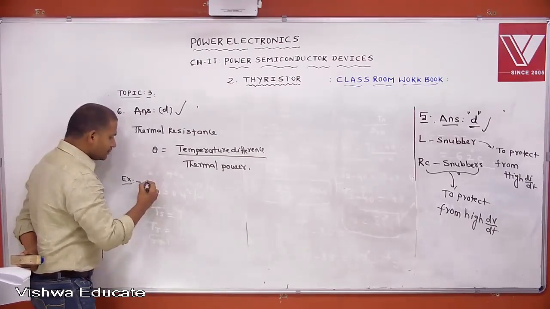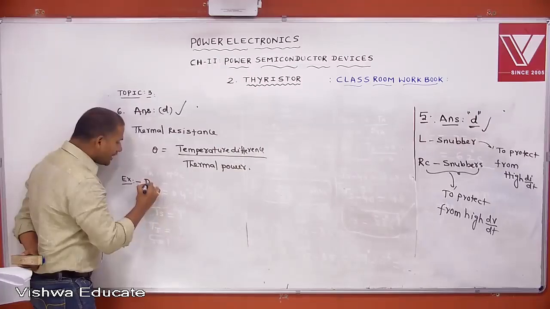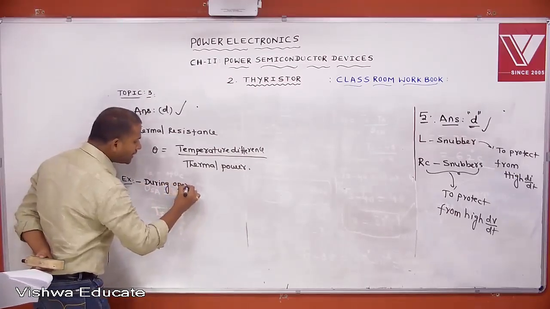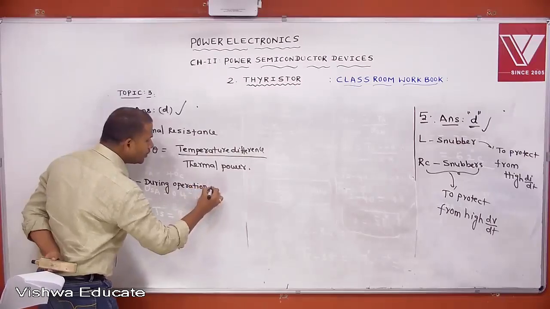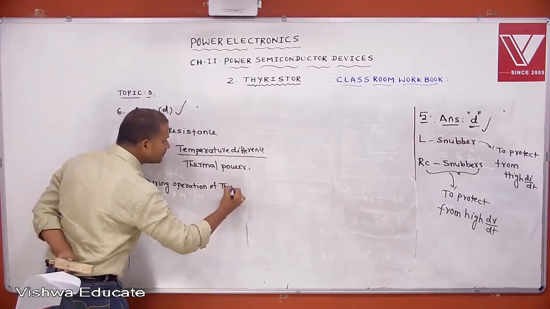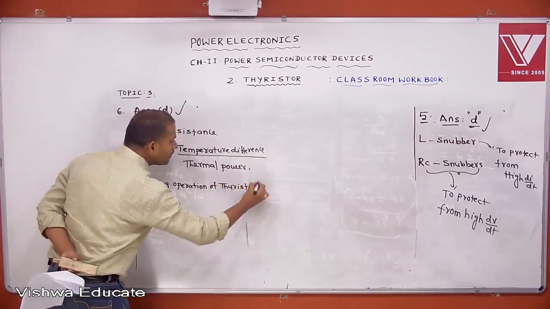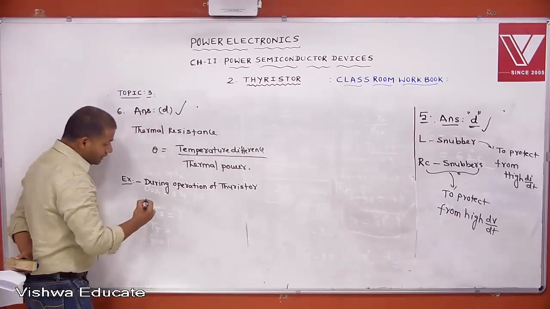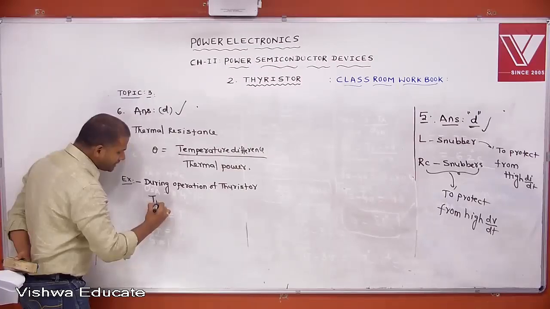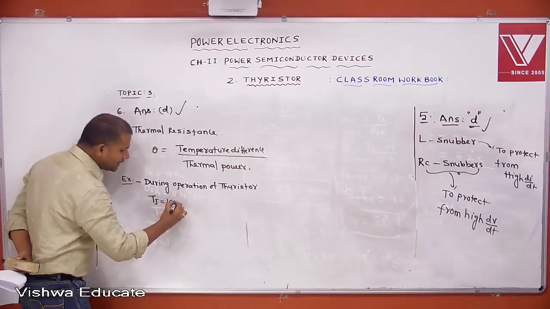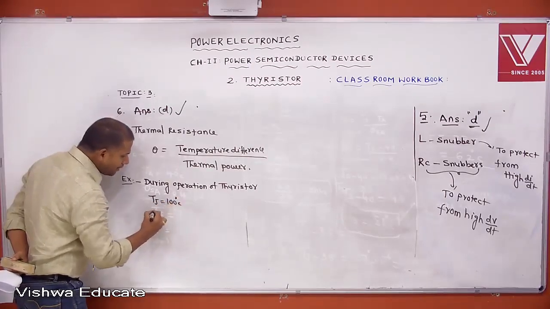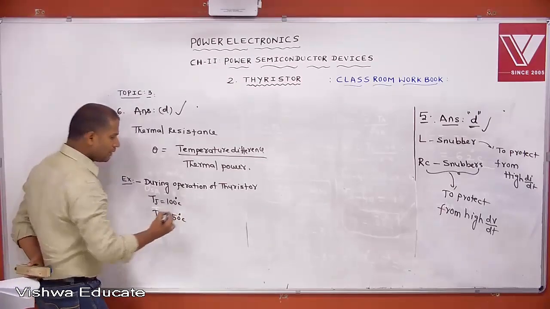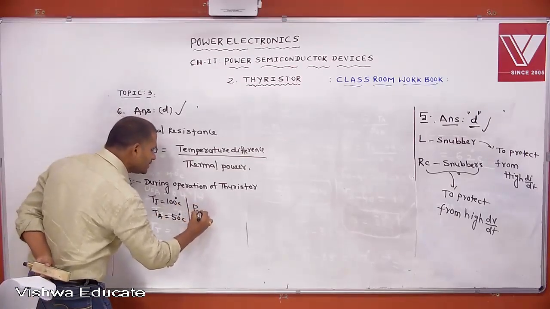A thyristor. If the question is framed like this: during operation of thyristor, junction temperature is 100 degrees centigrade, ambient temperature is 50 degrees centigrade, average thermal power is 50 watts.